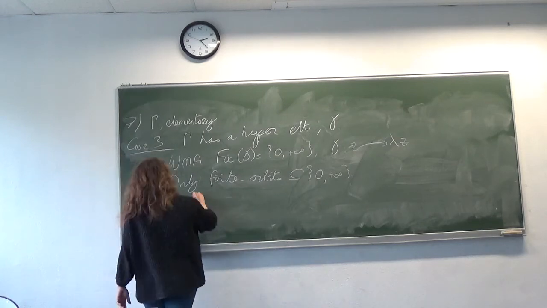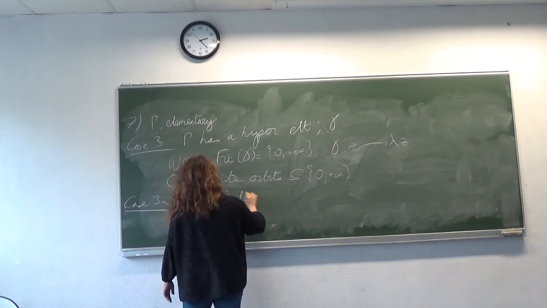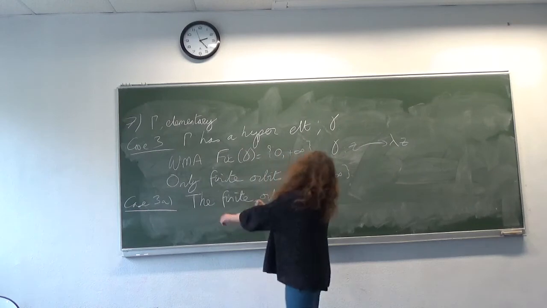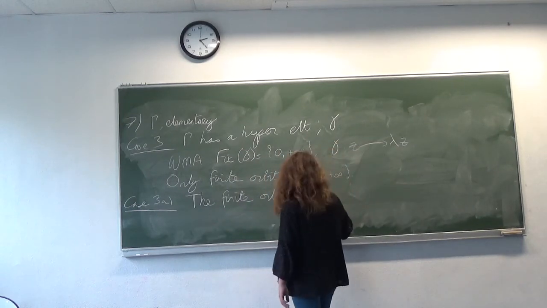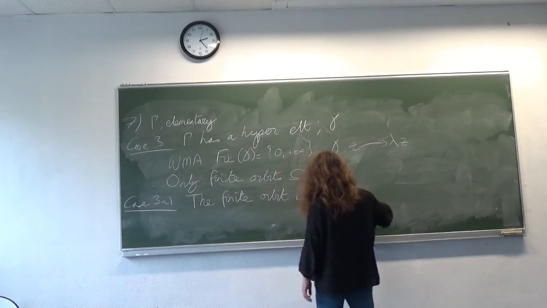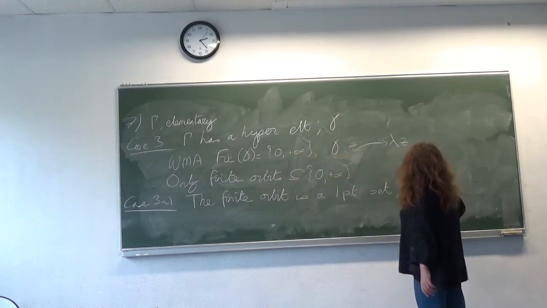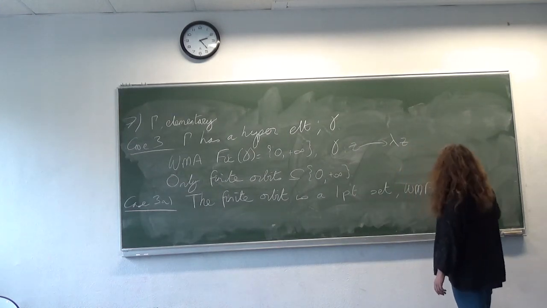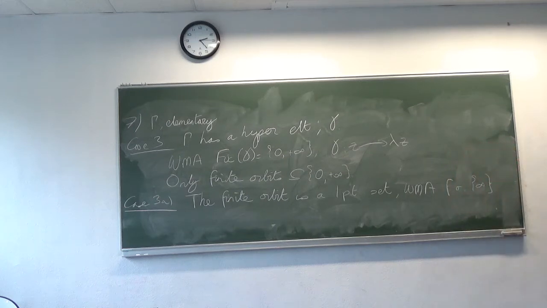Okay, so now case 3a is the finite orbit is a one-point set, and I'm going to suppose that after conjugation, the finite orbit is infinity.